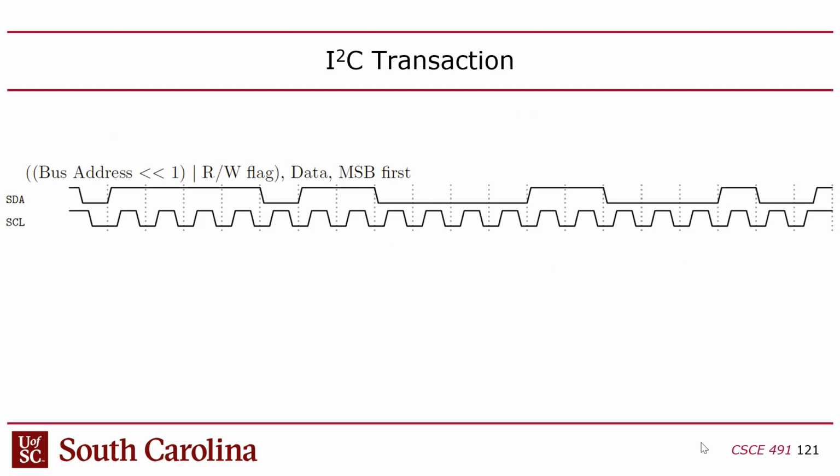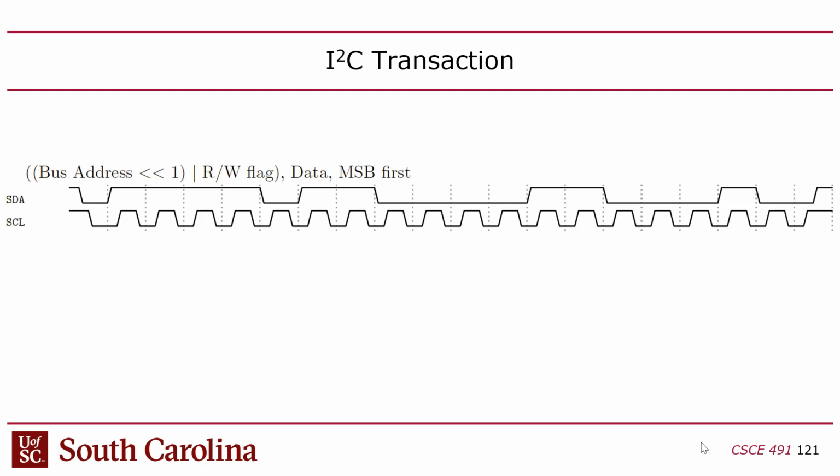Okay, so here's an example. This is my generator thing. So the question is, what's going on here? Well, this is pretty easy to read because you just have to look at each one of these clock pulses and read the bit on the data line. You should also verify that the start signal is correct.